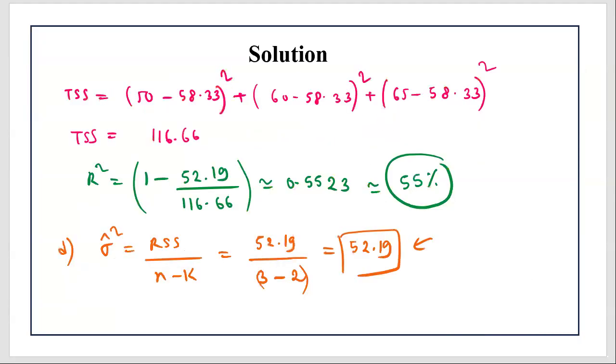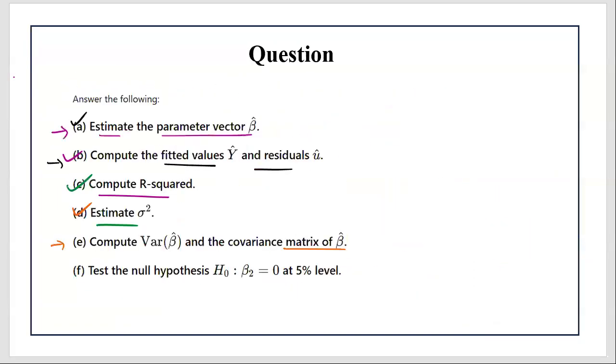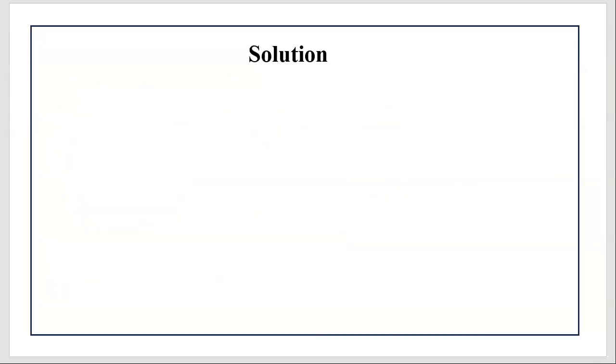So this is done. And now let us go to the final part of this question. We have solved all these parts. The final part is saying test the hypothesis. Test the hypothesis that H naught beta equals 0 at 5% level of significance, right? So basically the individual parameter test, this is the final part of this question.